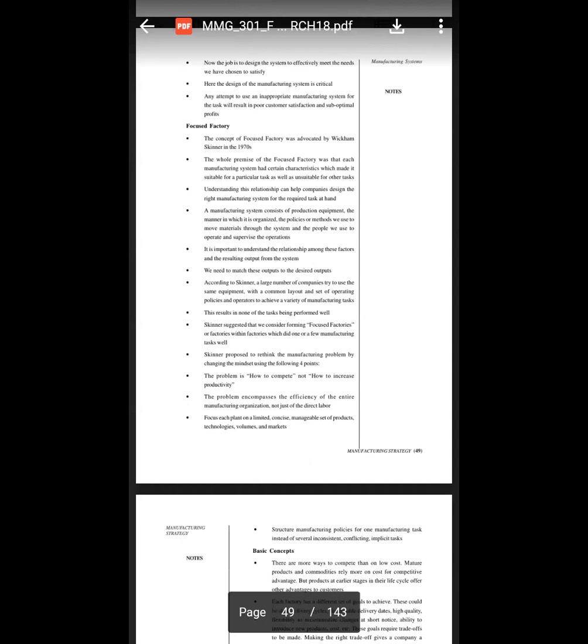Focus factory. Understanding the relation can help companies design the right manufacturing system for the required tasks at hand. The most important thing is to understand the relationship among the factors and the output of the system.